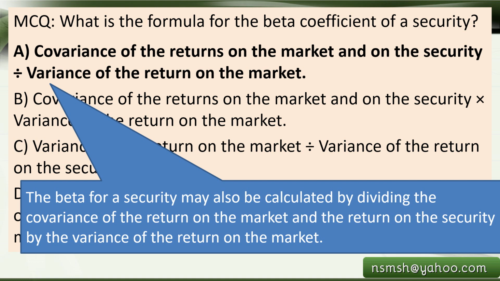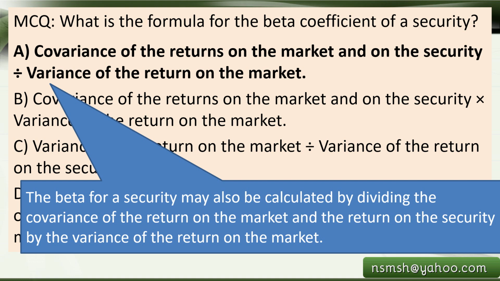Beta is derived from the regression equation for regressing the return of an individual security, the dependent variable, on the overall market return. The beta coefficient is the slope of the regression line. So the beta for a security may also be calculated by dividing the covariance of the return on the market and the return on the security by the variance of the return on the market.